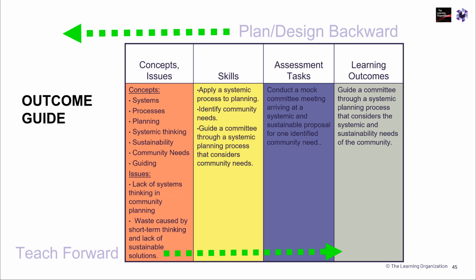And then the issues are a lack of systems thinking around community planning. That's the big issue. We don't think in terms of systems most of the time. And then there's this waste caused by short-term thinking. So again, you can deconstruct it. So we design and plan backwards and we teach forward, okay?